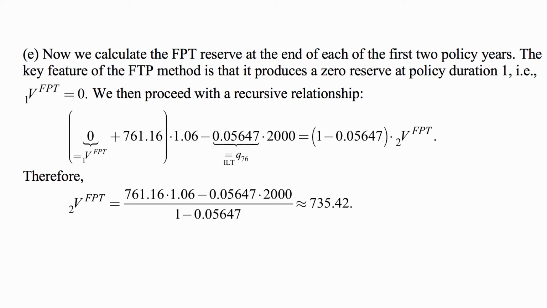Now it's benefit premium or net premium reserve, so we ignore the expenses, so it's only the benefit cost paid for those who died, and the rest is for those who survive, so 1 minus Q76, the rest is for the reserve at policy duration 2, but it's the FPT reserve, of course. So now we solve this for 2V FPT, and we just calculate it, and it comes out to be 735.42.